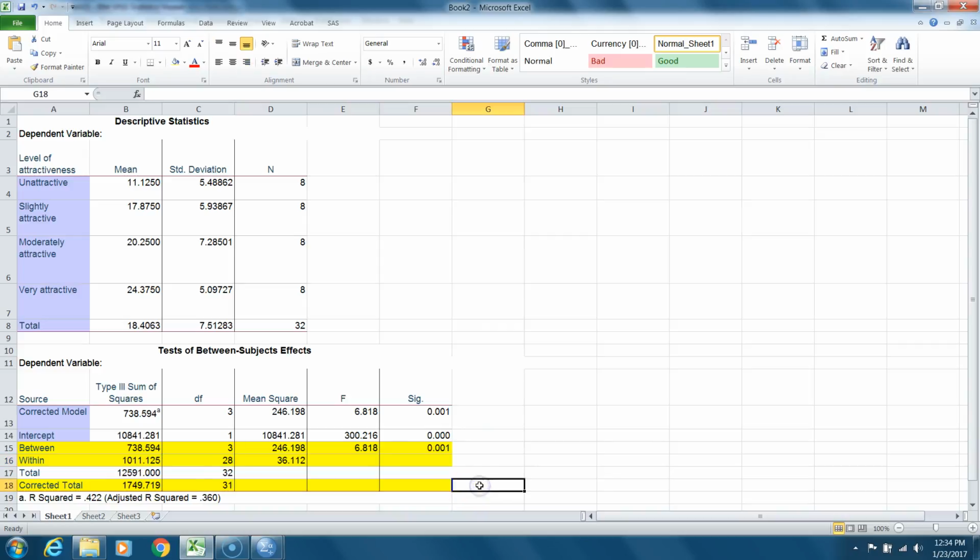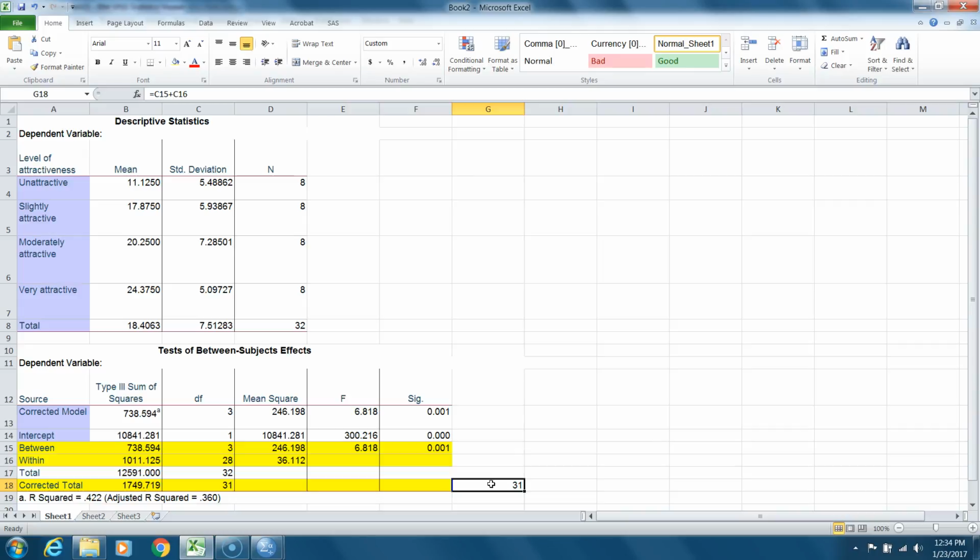I don't really need to do this, but maybe it helps you later on, I'm going to add those two cells, and we see that we get the value of 31. It's one of the checks we can do. As you go through some of your assignments and practice on understanding this analysis of variance table, this can be very helpful to know how degrees of freedom should break out.